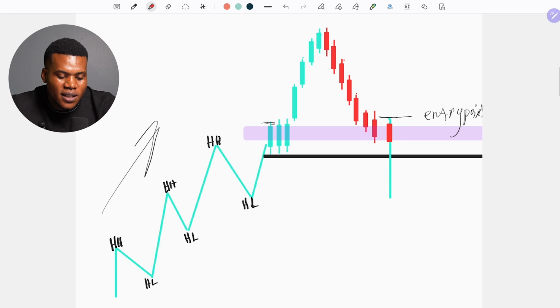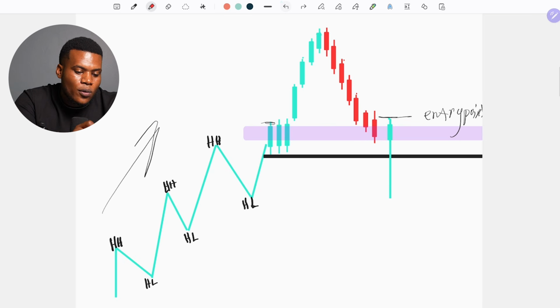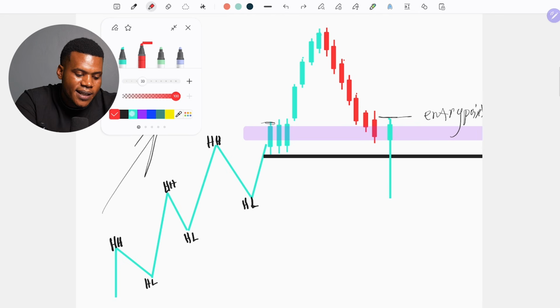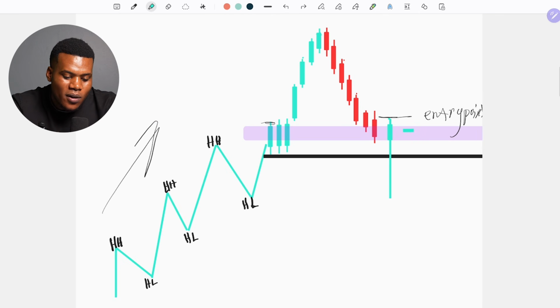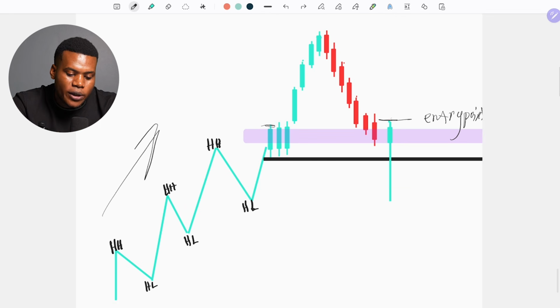So for us, we are saying the market is telling us that buyers are in control more than sellers. And if buyers are in control more than sellers and the candle has closed, that means this is the historical data.